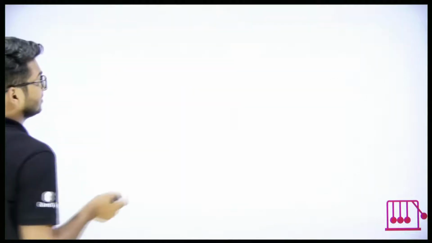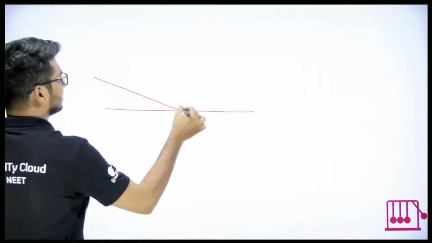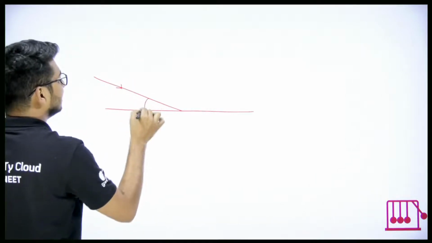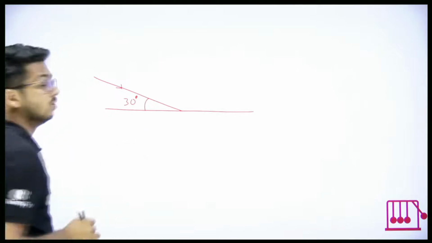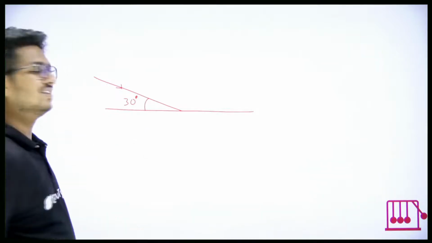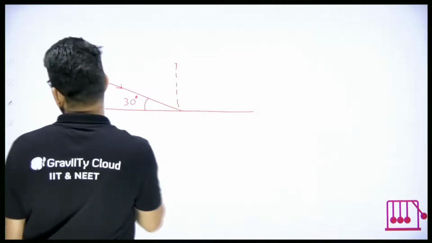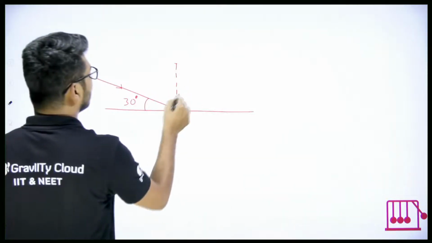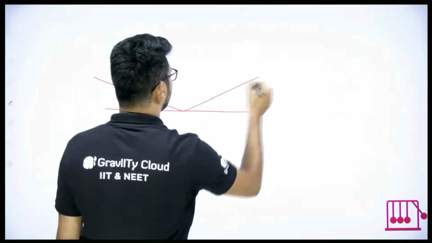That means here if this is a surface, the incident ray is something like this. This angle is given as 30 degrees. With the surface, the angle is given as 30 degrees, and we have to find out the angle between incident ray and the reflected ray.